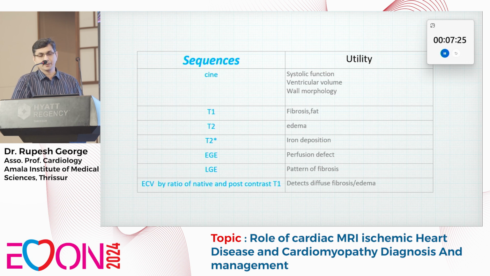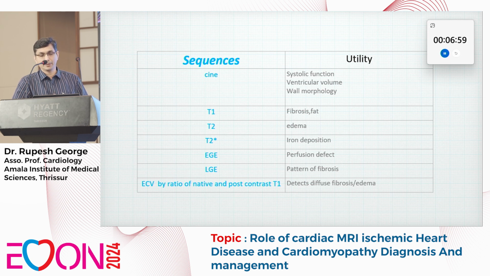So these are the basic sequences and their utilities. By cine, without contrast, we can assess the systolic function, ventricular volume, and the wall morphology. T1 weighted enhances the fibrosis and the fat. T2 will enhance the edema, and T2 star imaging, which is an extension of T2, is used to assess whether there is iron deposition or not.